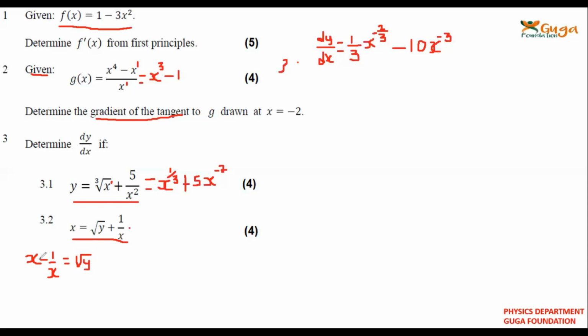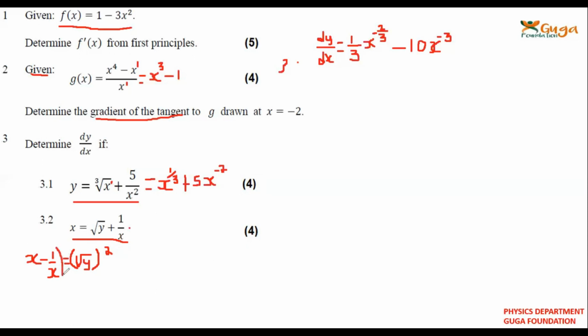Then for us to remove the square root, we should square both sides. If I square both sides, I'll remove this square root, isn't it?